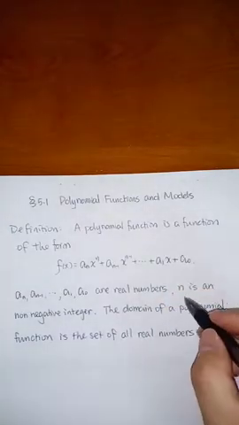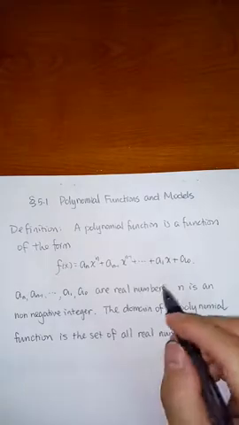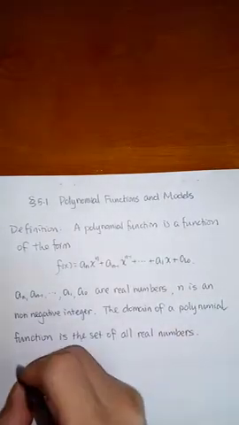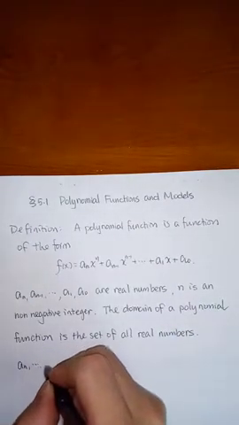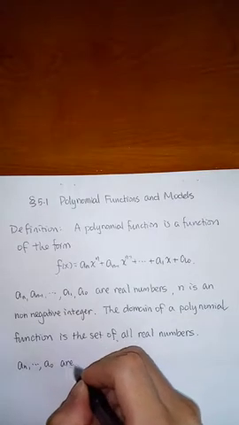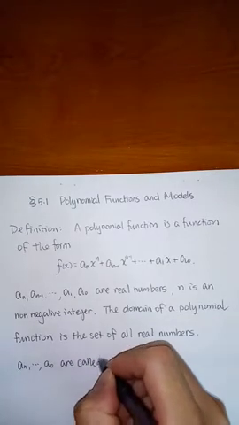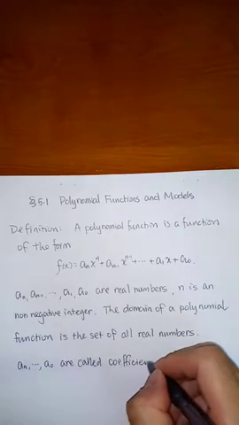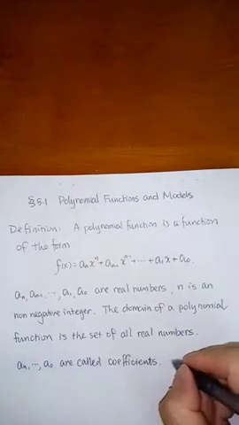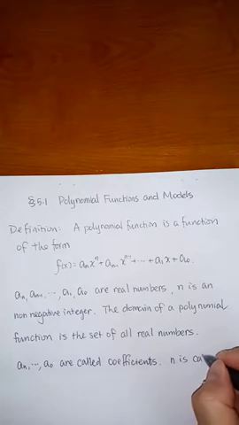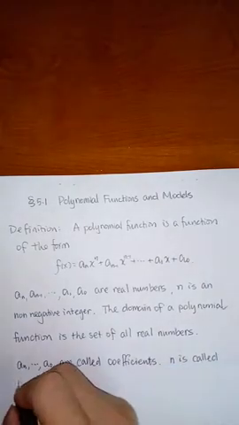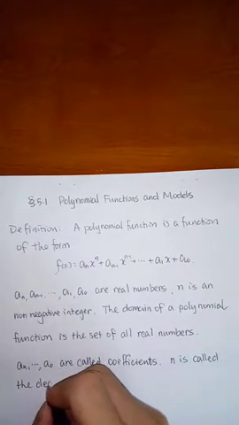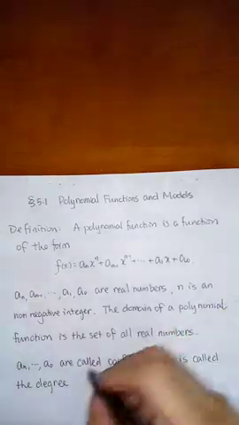In this form, a_n, ..., a_0 are called coefficients, and n is called the degree of f.